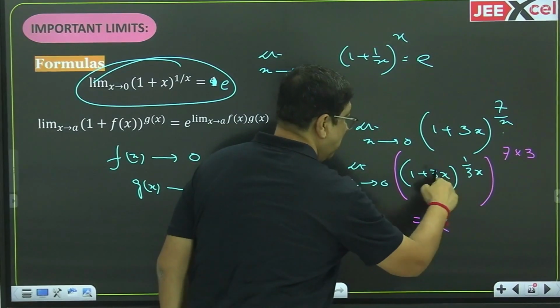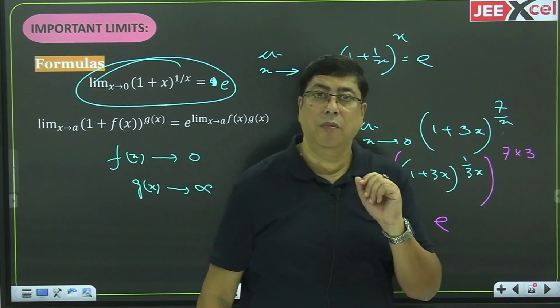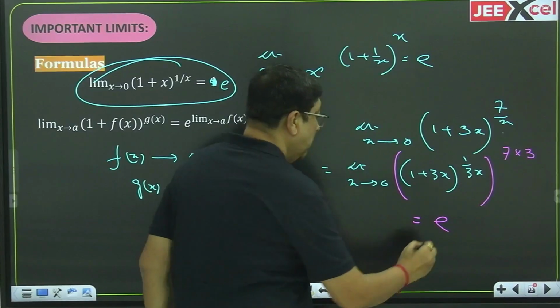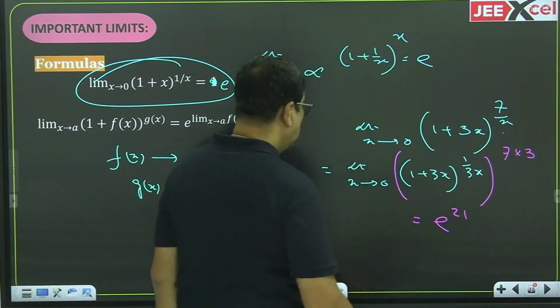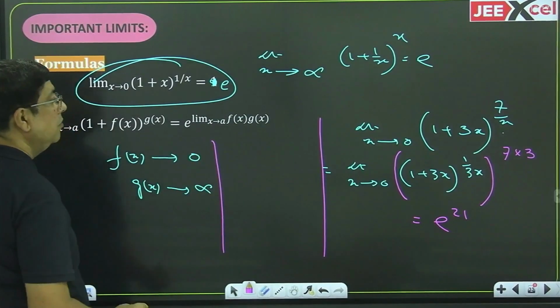These are same, and moreover this is under the form of 1 to the power infinity. So this is coming e to the power 21. So I am showing you the application of this only. What happened?